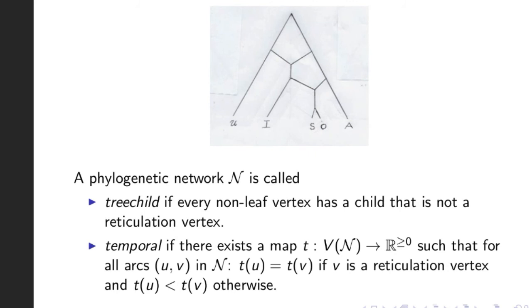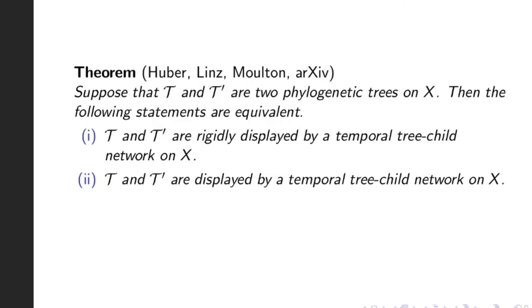Now, the network here, which is the redrawing of the Pop et al. network, is in fact tree child. Now, the observation that we have these 2 networks is not a coincidence, because we have the following result.